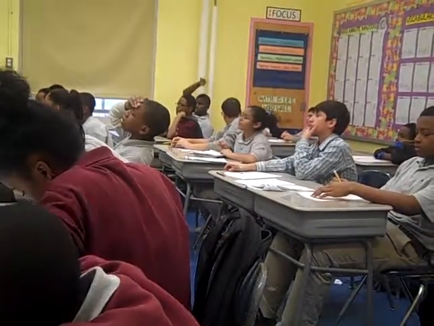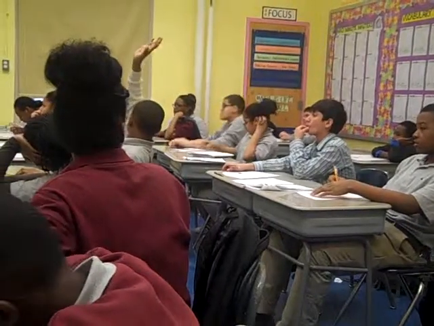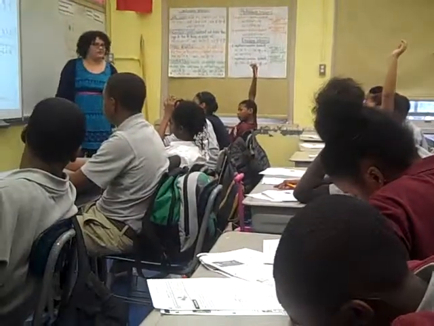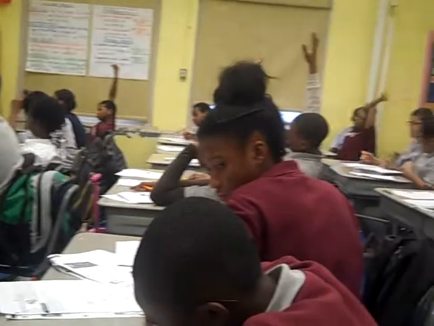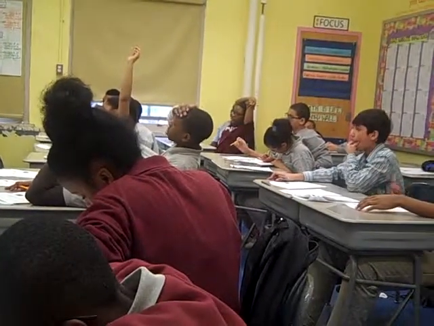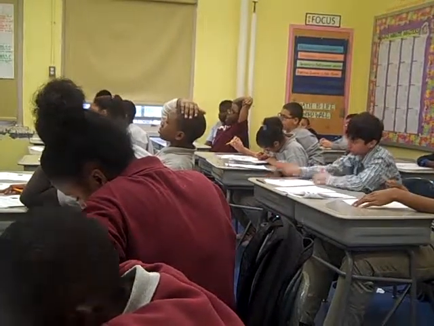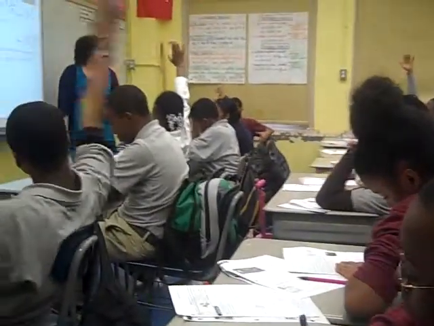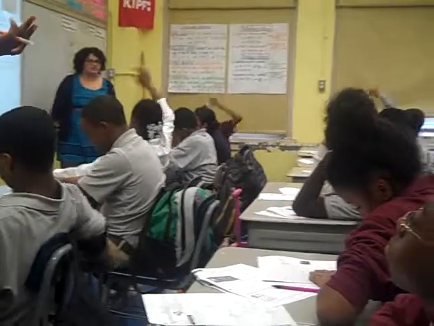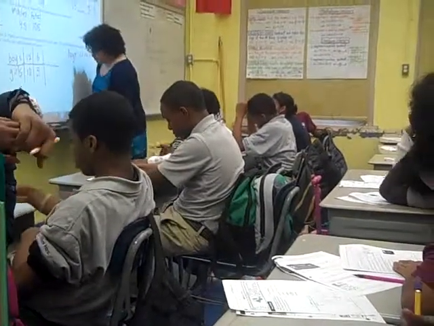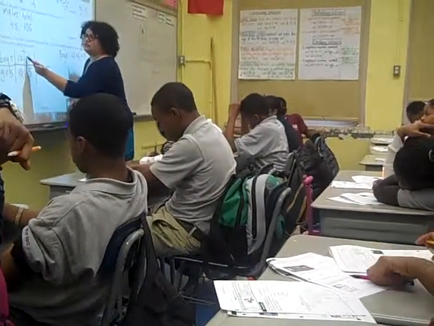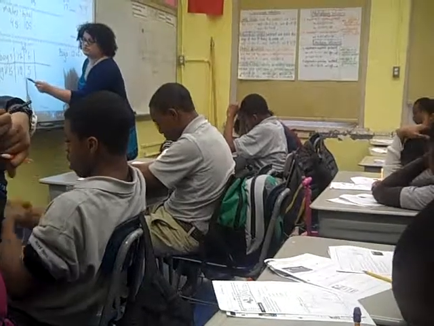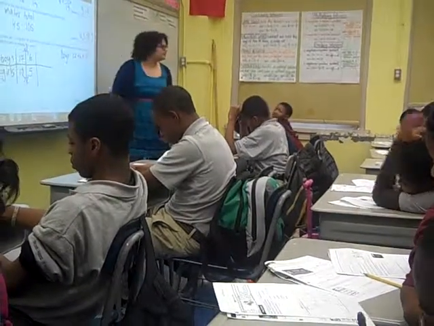Not quite. No. Max? 6 over 5. How did he get that? How do we know that's right? What did he do? Teddy? He divided by 2. Okay, everyone write that down. And then write divide by 2, divide by 2.